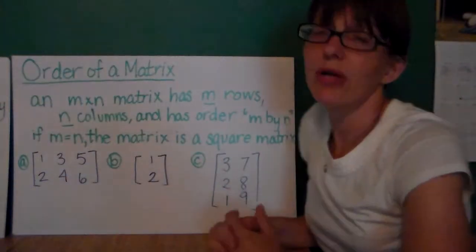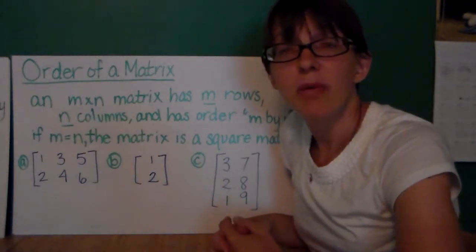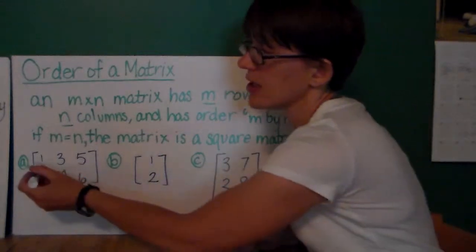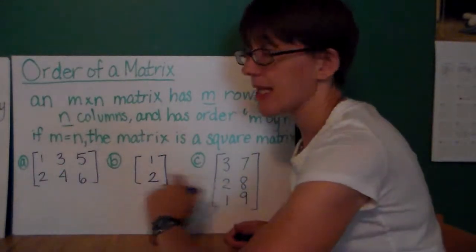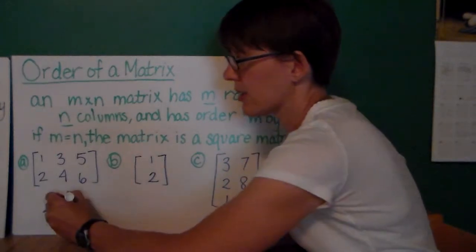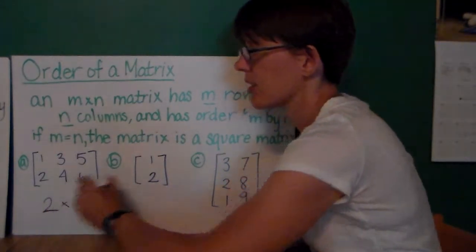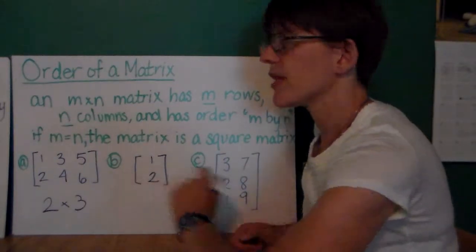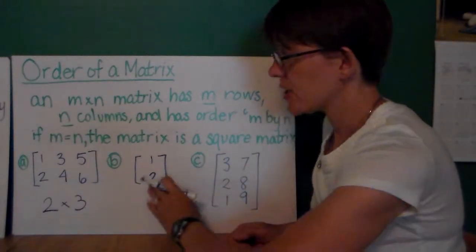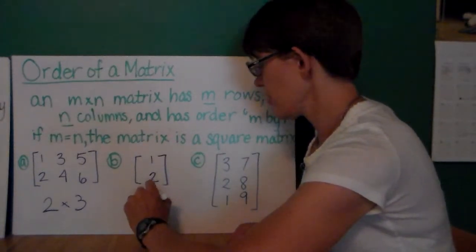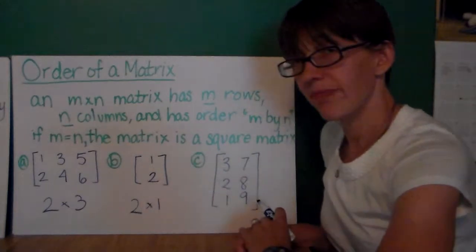One of the most important things that we can do is to be able to identify the order of a matrix. Looking at this matrix A, I can see that it is 2 rows by 3 columns. Its order is 2 by 3. This matrix has 2 rows but just 1 column, so it is 2 by 1.